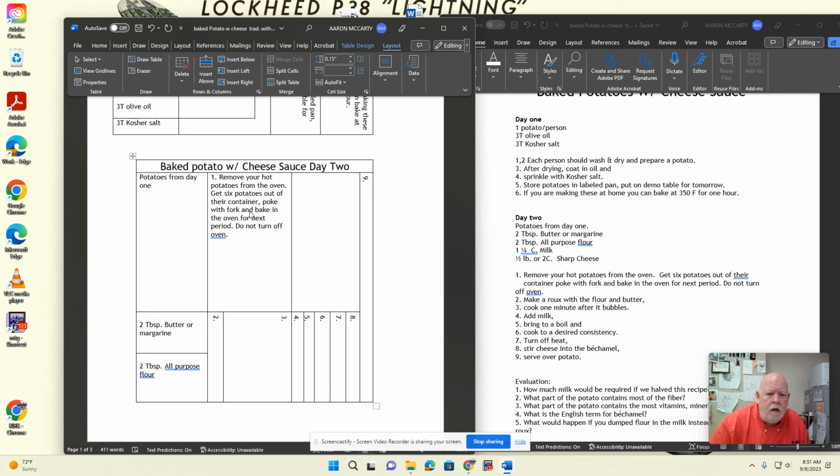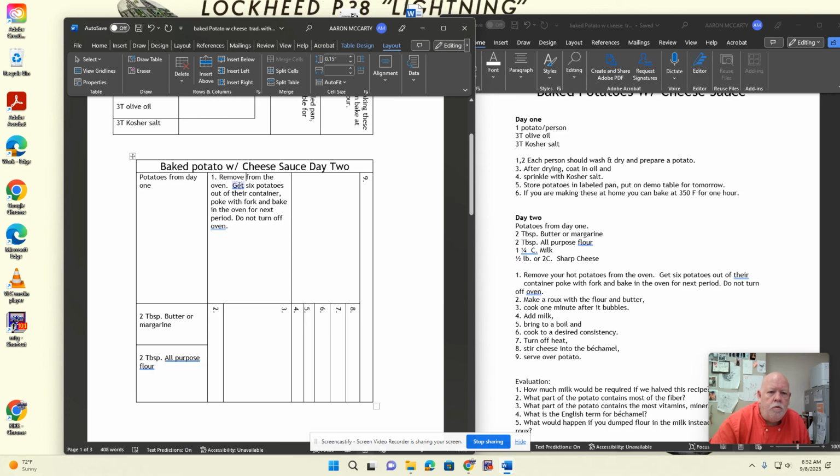So it says remove from oven. What are we removing from the oven? Our potatoes from day 1. Get 6 potatoes out of their container for the following period, and put in the oven for the next period.